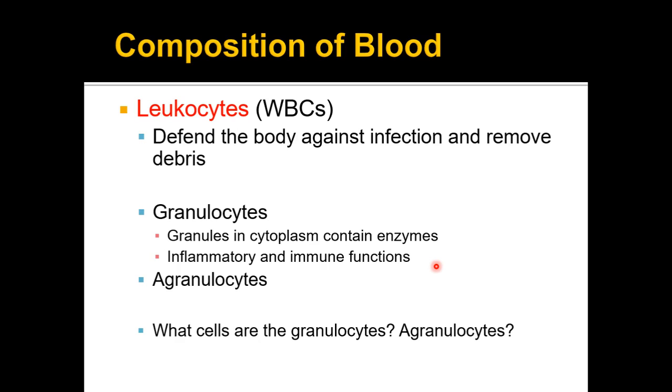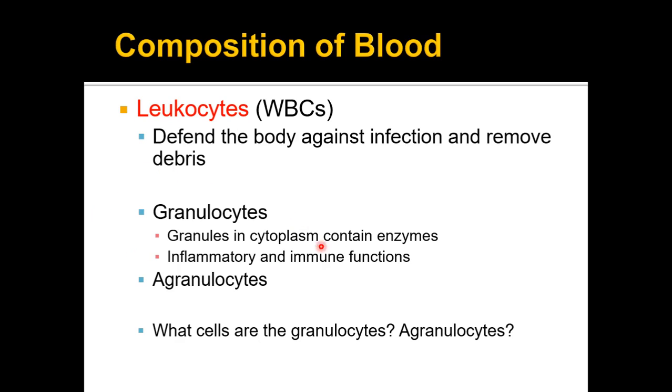Let's look at the leukocytes, the white blood cells. Most of this should be reviewed from our immunology section, and basically what white blood cells are doing is getting rid of waste products and protecting the body against foreign invaders, pathogens, antigens, and so on. So we can classify white blood cells into different types based on what their function is and what they look like.